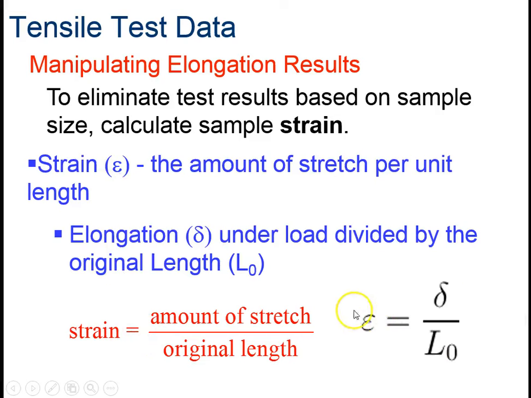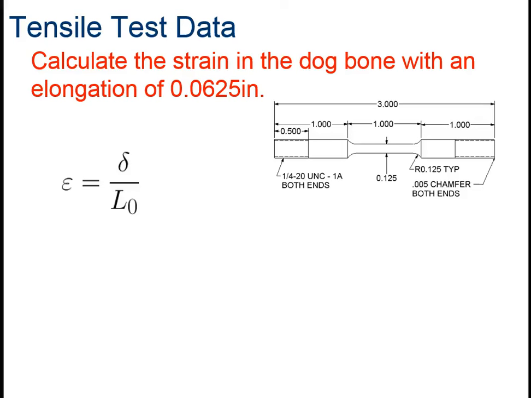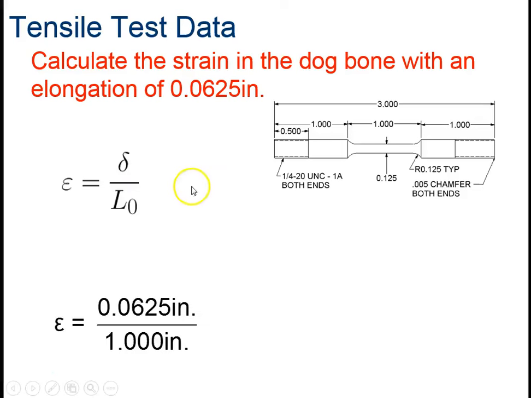So this is the second formula you should write down on your formulas. And a problem would look like this. If I have an initial length of 3, and it gets this much longer, I divide those to get the strain. Notice inches over inches cancels out, giving that strain either has no units, or we might write it inches per inch.